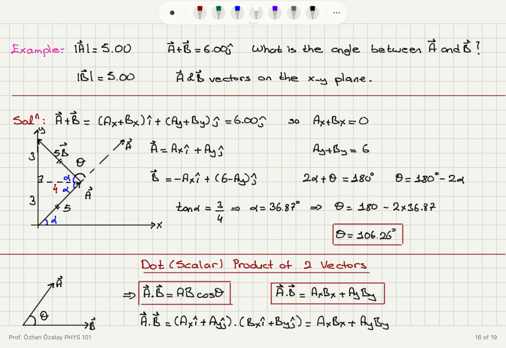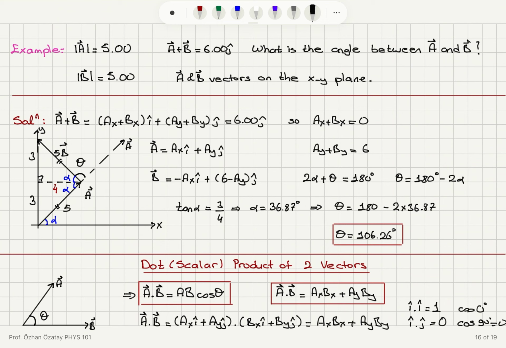of ax i hat plus ay j hat with bx i hat plus by j hat, so writing these vectors in terms of their components, because i hat dot i hat will be equal to 1, because cosine 0 is 1, and i hat dot j hat will be equal to 0, because cosine 90 is 0.